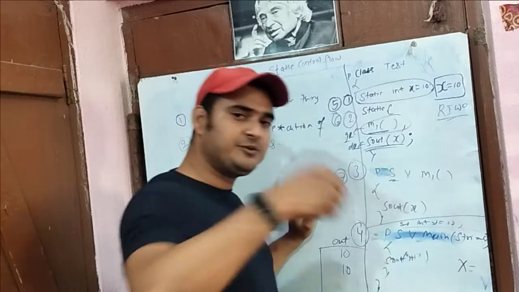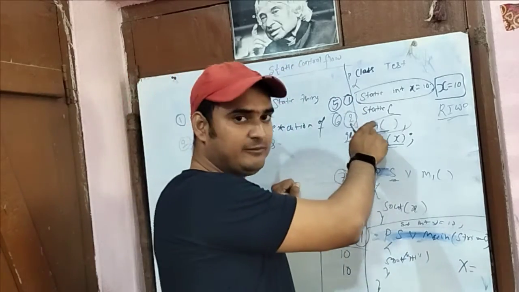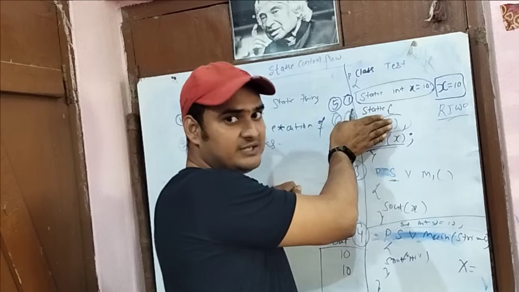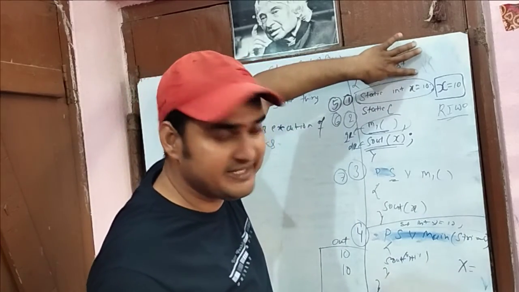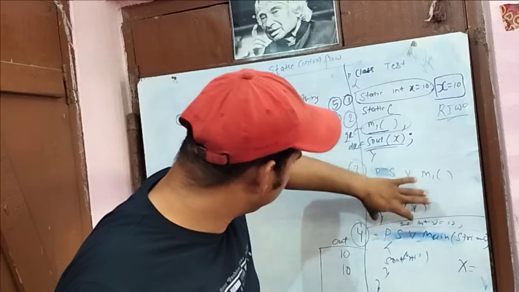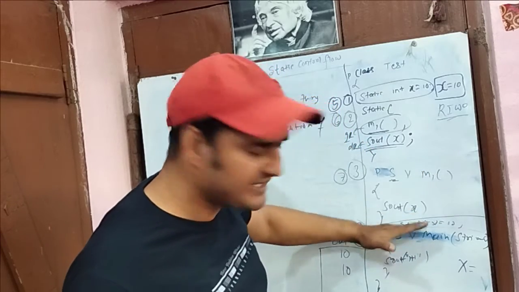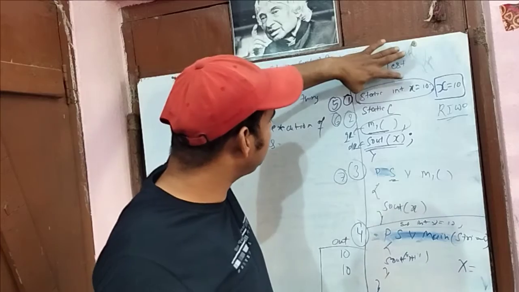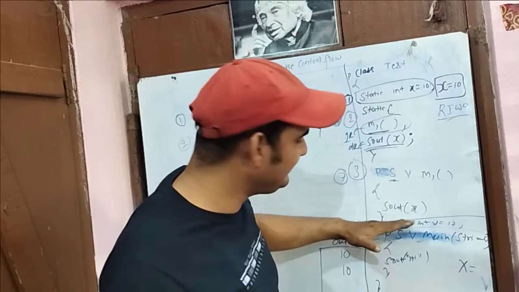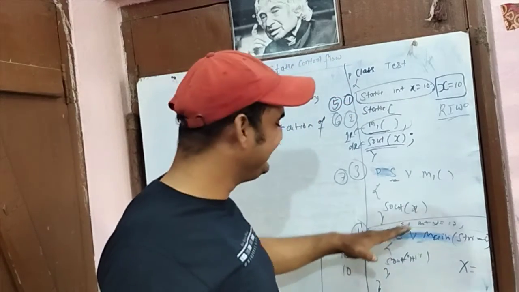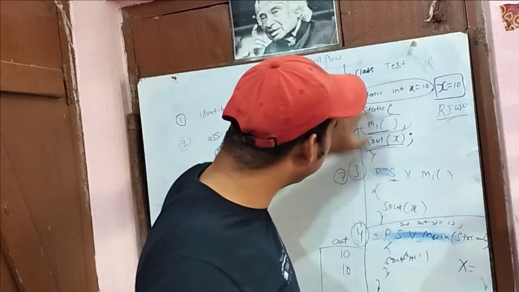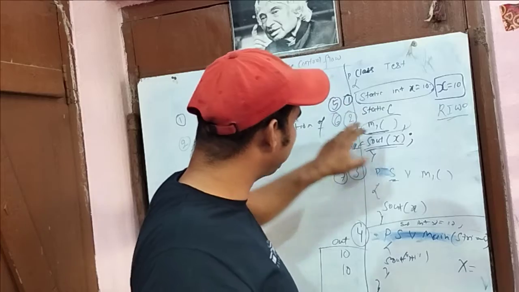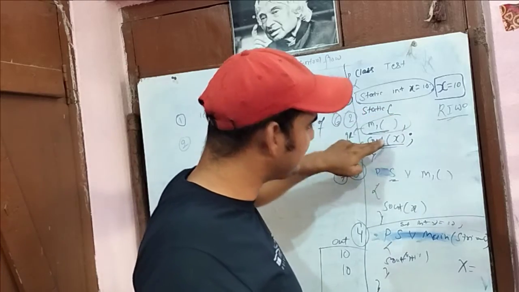Coming to the next step, it will see that a static block is there, and let's suppose the m1 method is not here. Let's suppose this static variable is not declared here, it is declared at the end, outside of any method. And there is a static block, and inside this static block the m1 method is not there, only S out is there.